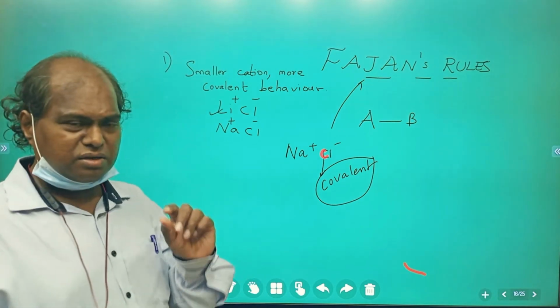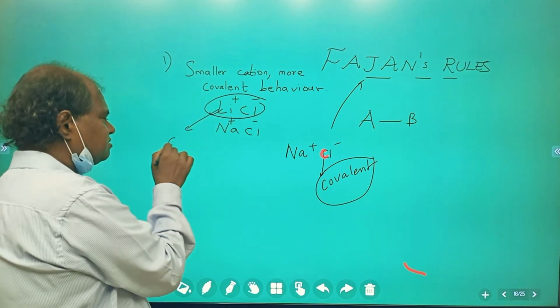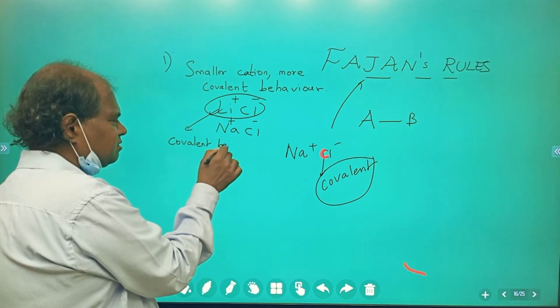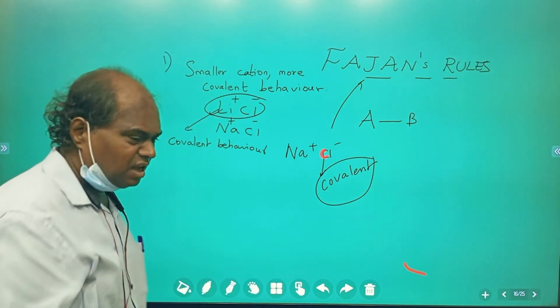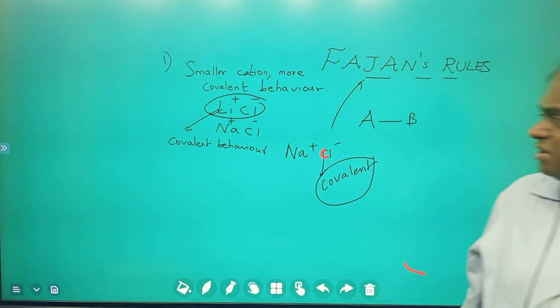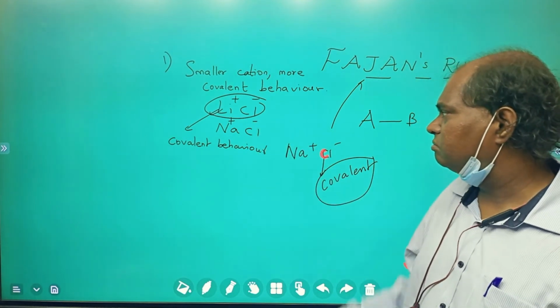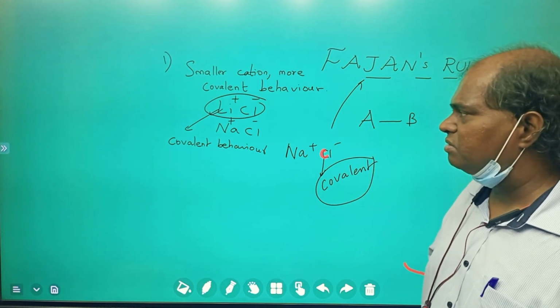Lithium is very small, so lithium chloride will have more covalent behavior. I'm not changing the anion, that's very important. Keep the anion fixed and change the cation. So Li plus will have more covalent behavior because it's smaller.